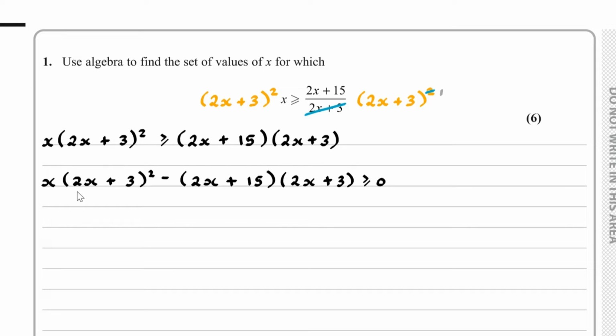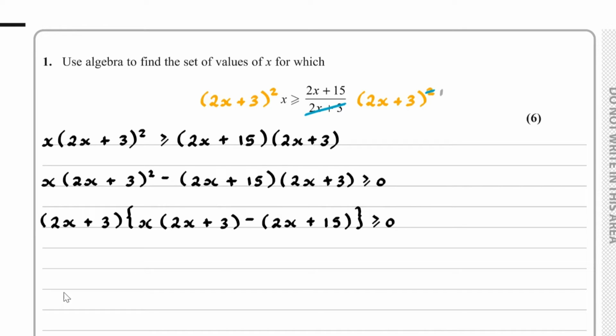And at this point we can recognize the 2x plus 3 is a common factor to both terms, and so if we factorize, we have 2x plus 3 multiplied by x multiplied by 2x plus 3 subtract 2x plus 15, and this is greater or equal than 0.